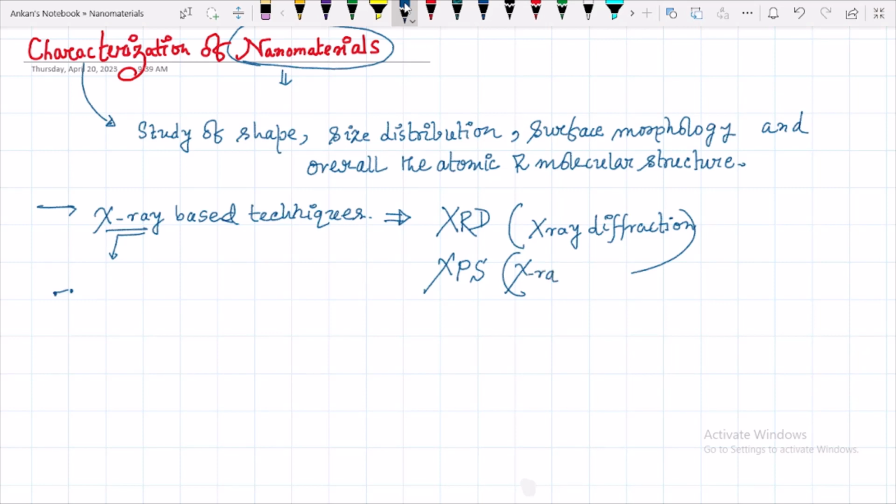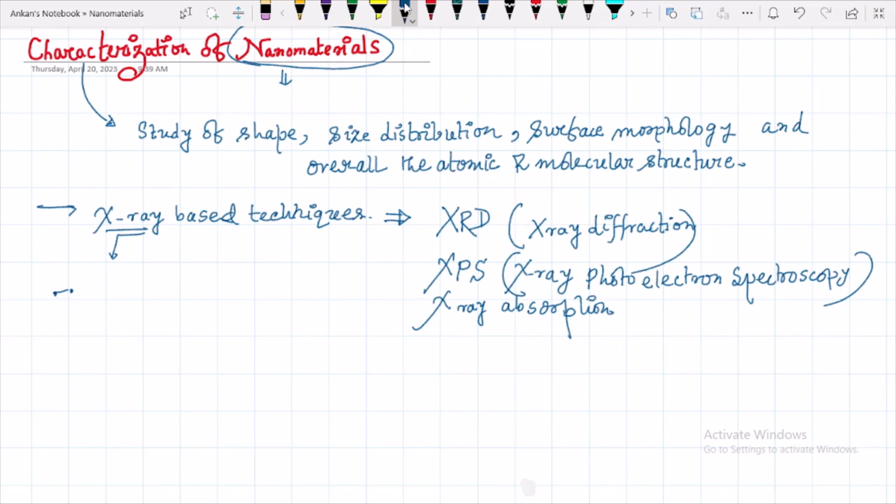X-ray photoelectron spectroscopy. And the X-ray absorption phenomenon, the different X-ray absorption techniques. So these are some techniques based on X-rays which are very helpful in studying the nanocrystal structure.